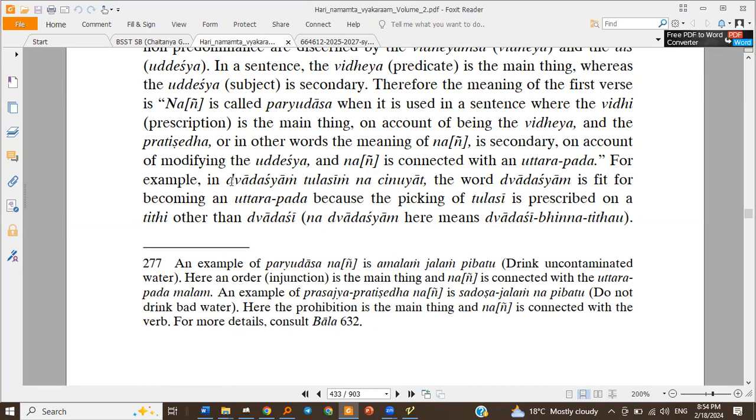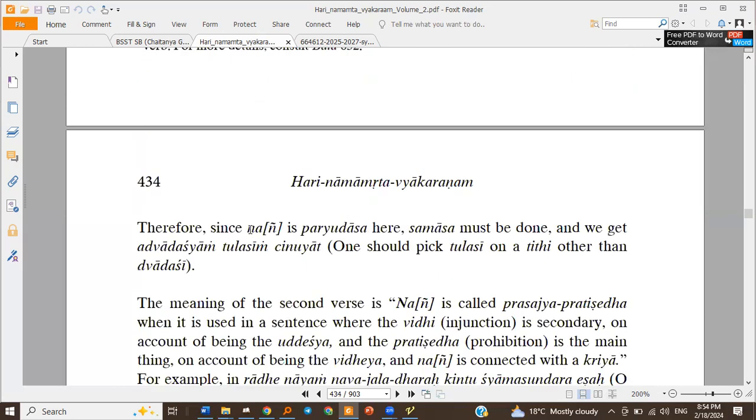So that refers to the third one, Tad Anyatva. That's why it fits into the category of becoming an Uttarapada. Na Dwadashi iti adwadashi, the tithis other than Dwadashi. That's why the second example is given to show this.